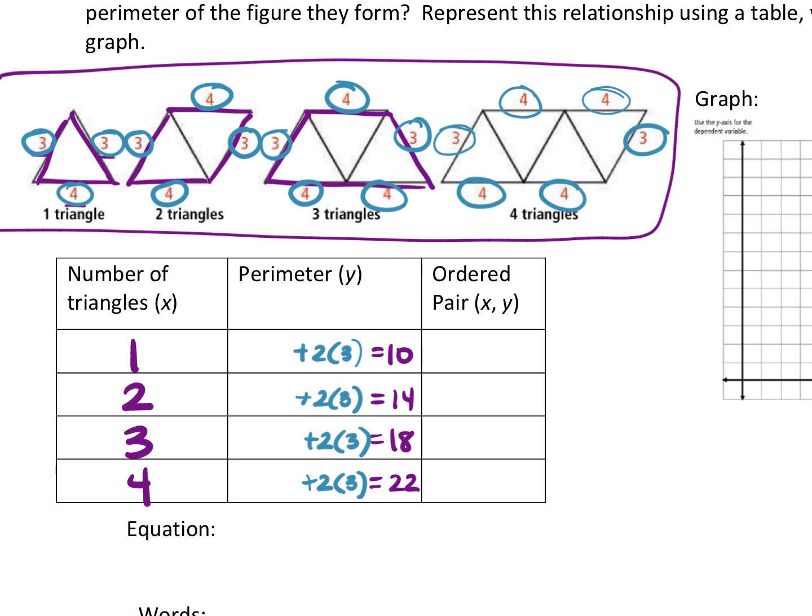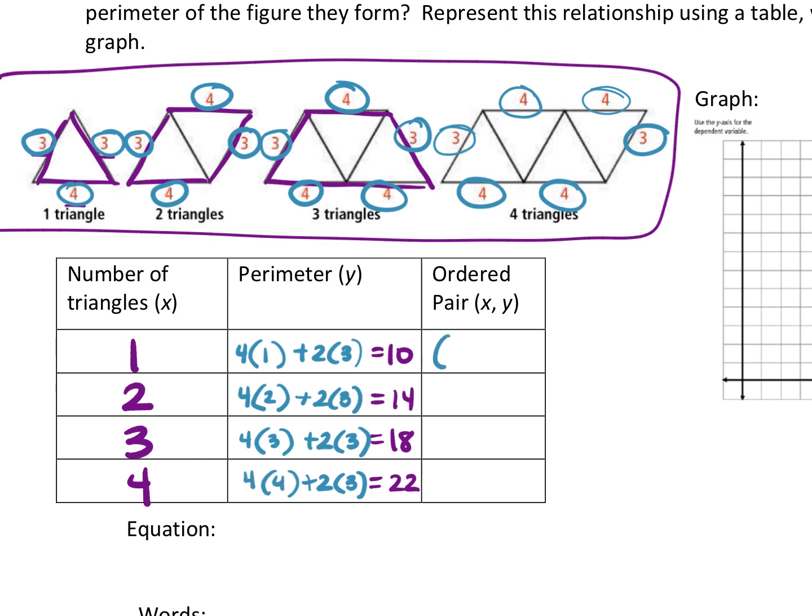What comes before that? The 4. 4 times what? x. Times how many triangles, right? 4 times 1 triangle versus 4 times 2 triangles versus 4 times 3 triangles or 4 times 4 triangles, right?